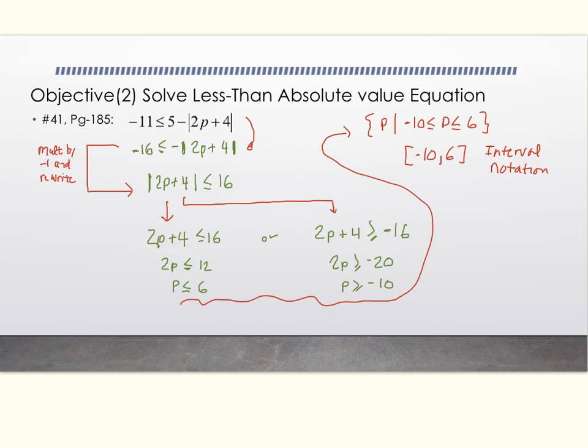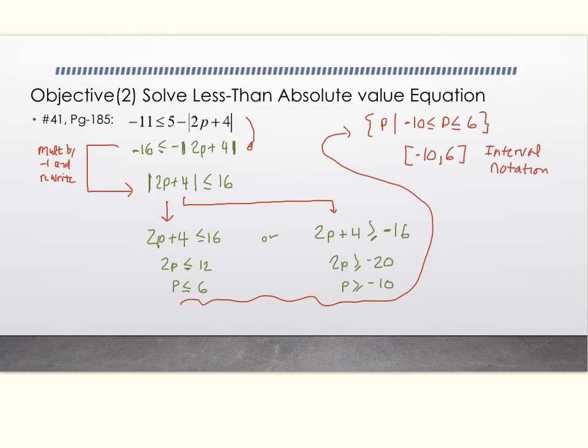And when we change the sign, we might as well go ahead and rewrite because it's easier to deal with that way. So we get the absolute value of 2p plus 4 is less than or equal to 16. Now you say, well, the less than or equal sign hasn't changed, but it has, because now the 16 is greater than the absolute value.